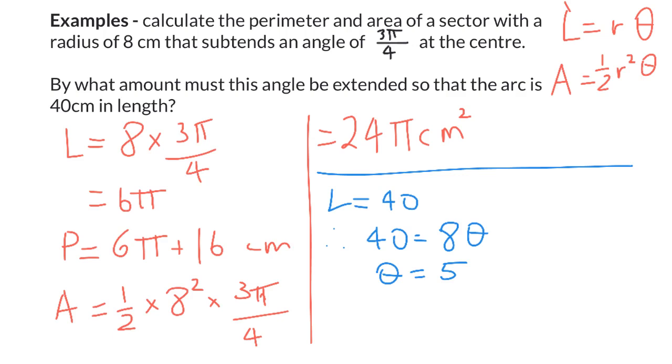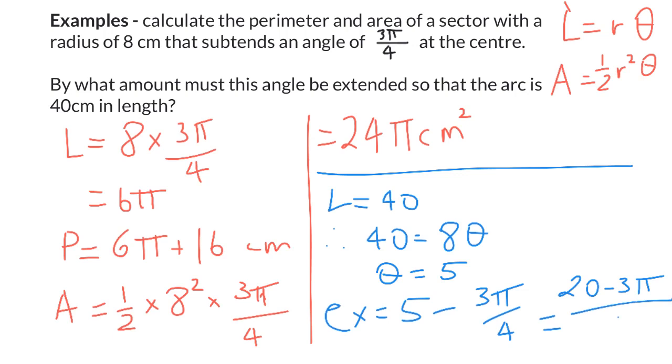Extend that angle by, I'm just going to have to say my extension is 5 minus 3 pi over 4. To turn that into a single fraction, it's going to be 20 minus 3 pi over 4. That's my exact value in radians of how much greater I need this angle to be.